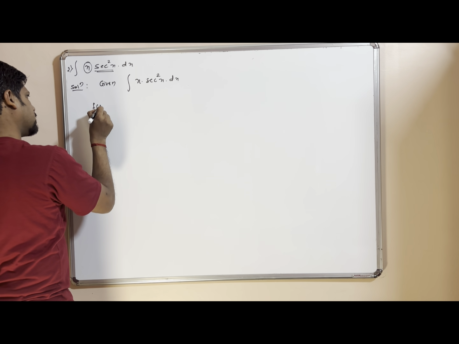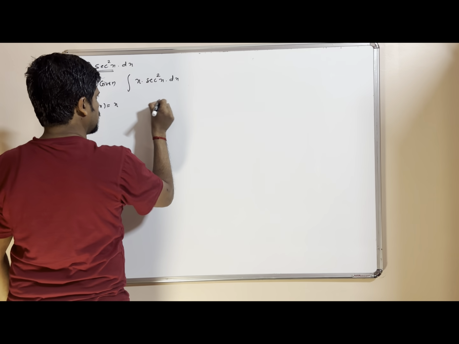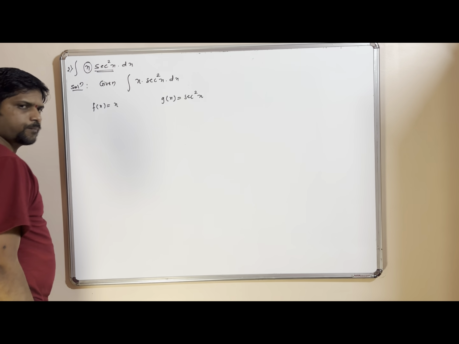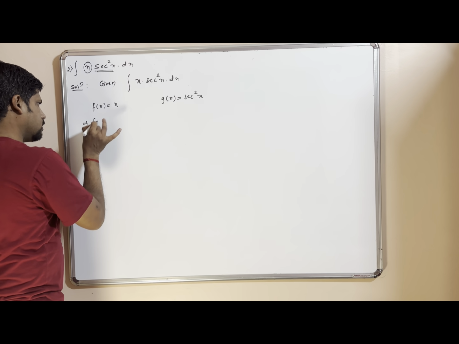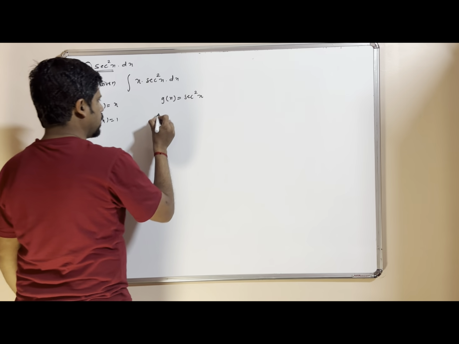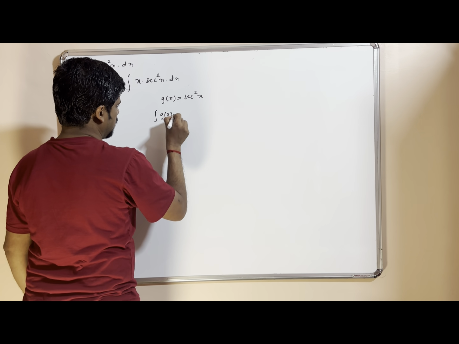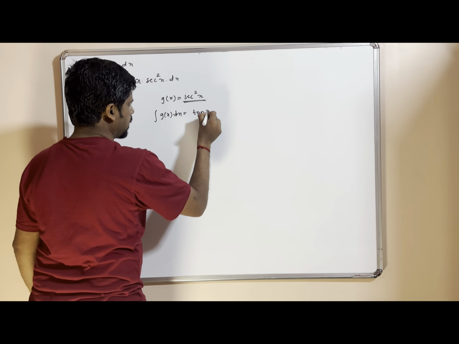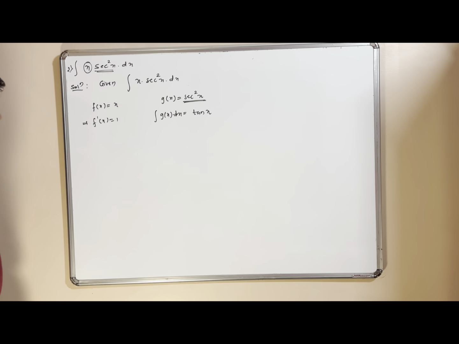Here, f of x is equal to x, g of x is equal to sec square x, f dash of x is equal to differentiation of x, which is 1, and integration of g of x into dx is equal to integration of sec square x, which is tan x, right?